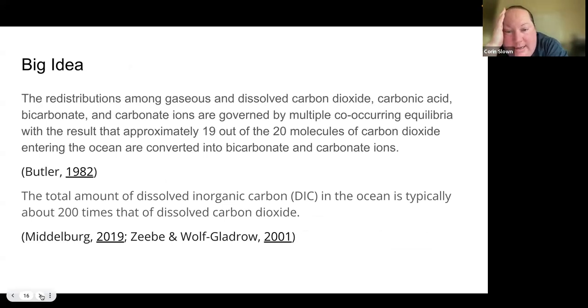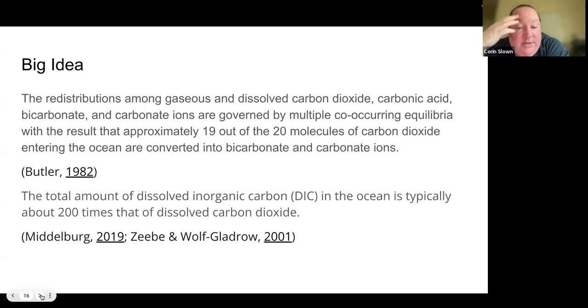So when I need to dissolve carbon dioxide, that's going to be governed by multiple equilibria that occur at the same time. So they're co-occurring. So it's the equilibria between carbonic acid and bicarbonate, between bicarbonate and carbonate. So 19 out of the 20 molecules of carbon dioxide entering the ocean get converted into bicarbonate.